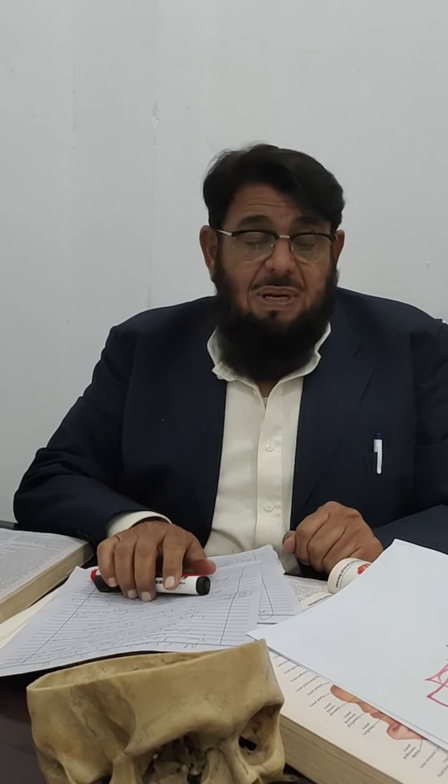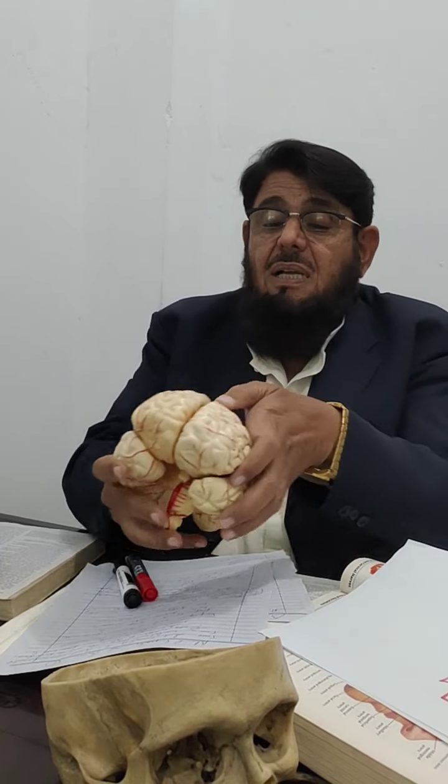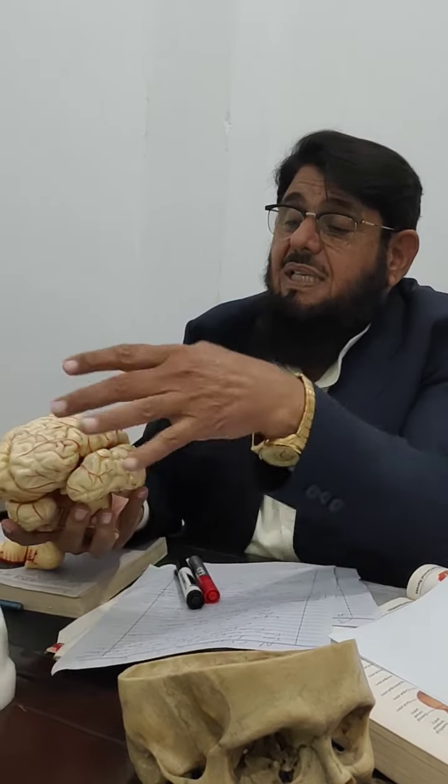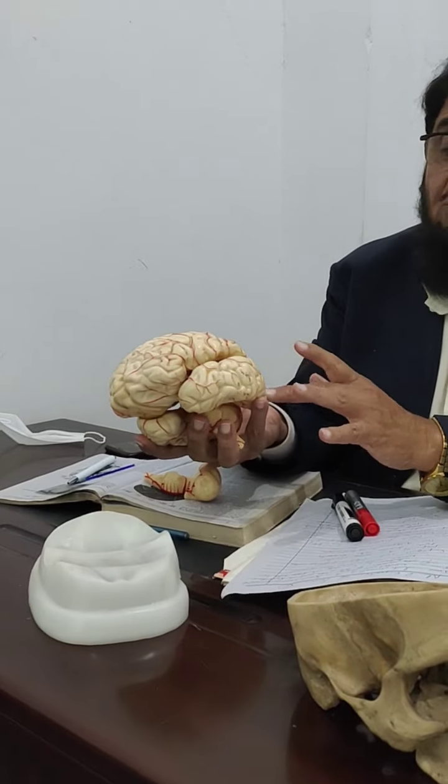Then the blood supply of the brain is divided into two parts, which we call the anterior circulation and the posterior circulation.